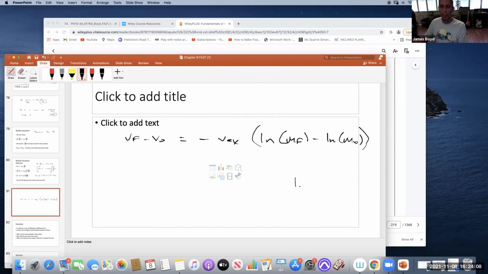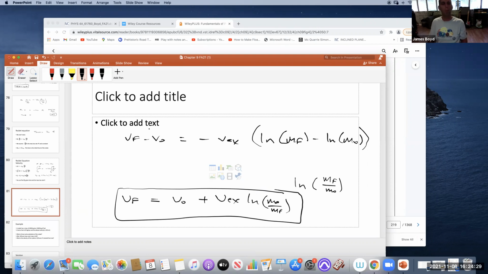When they're subtracted, this is ln of m final over m initial. But with the negative, they actually switch. So v final is equal to v initial plus v exhaust ln of m initial over m final.